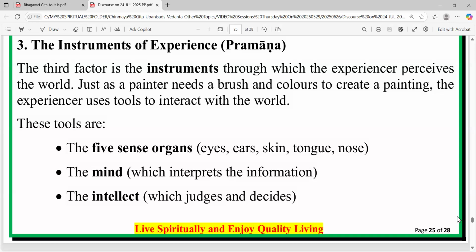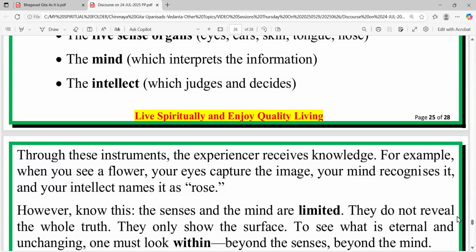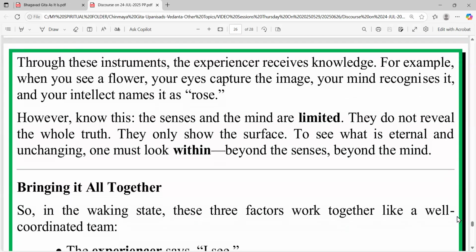The mind, which interprets the information. The intellect, which judges and decides. Through these instruments, the experiencer receives knowledge. For example, when you see a flower, your eyes capture the image, your mind recognizes it, and your intellect names it as rose.